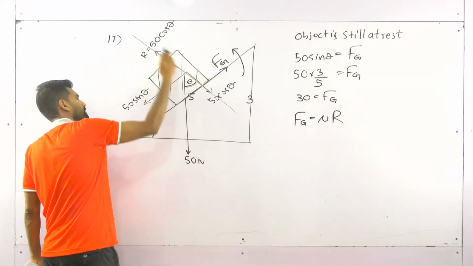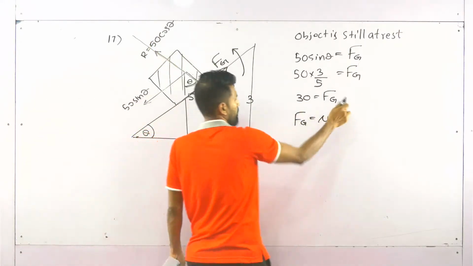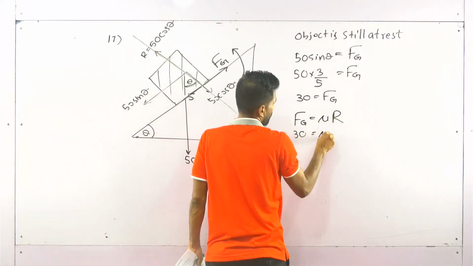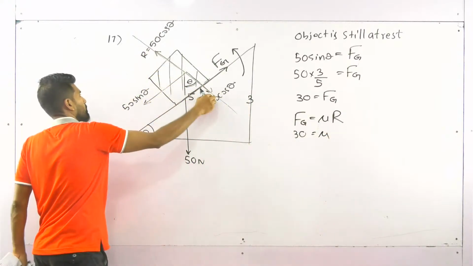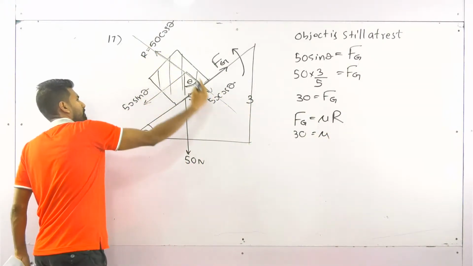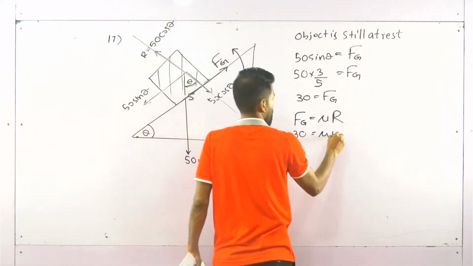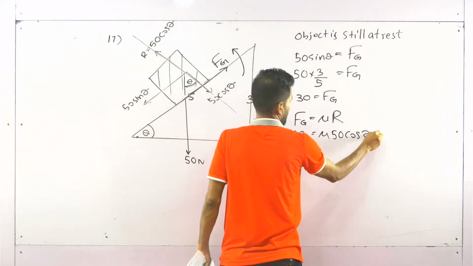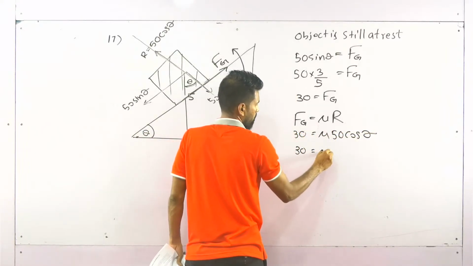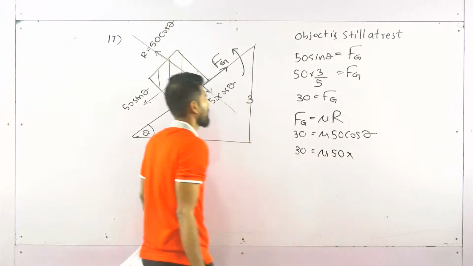So R is equal to 50 cos theta. Fg is equal to mu R, so 30 is equal to mu times 50 cos theta.